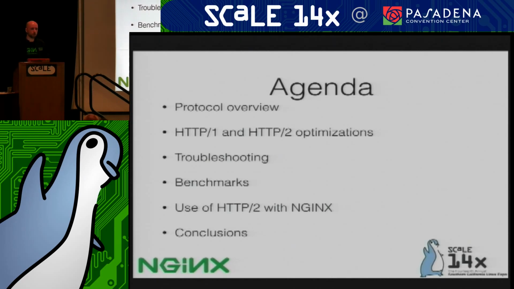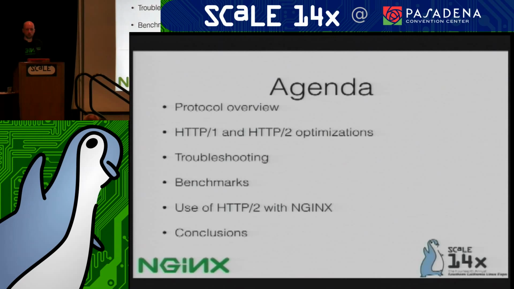We'll see very interesting ways of troubleshooting the HTTP2 protocol. It does have some challenges there. It's not as straightforward as HTTP1 troubleshooting. And the next part, we'll see a very interesting part, the benchmarks. Everybody can make their own benchmarks, and there is a number of different benchmarks available for comparing HTTP1 and HTTP2.